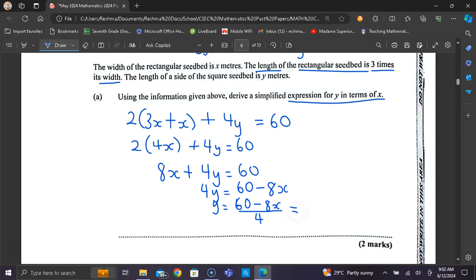Since both 60 and 8 are divisible by 4, I could divide to get a simpler expression. So 4 into 60 will be 15, and 8 divided by 4 is 2. So therefore our expression is y is equal to 15 minus 2x.